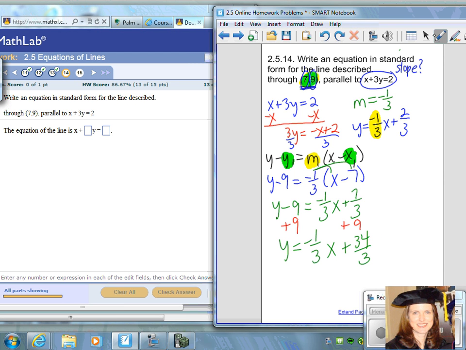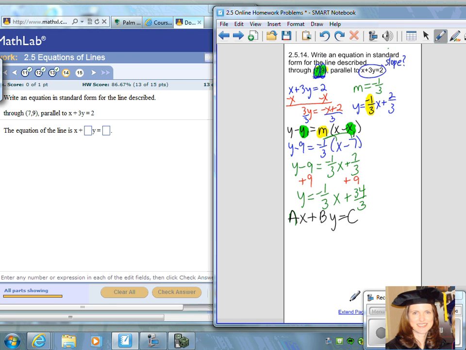In standard form, we want it to look like ax plus by equals c. So we need to multiply everything in the equation by a positive 3 so that we can get rid of the fraction.